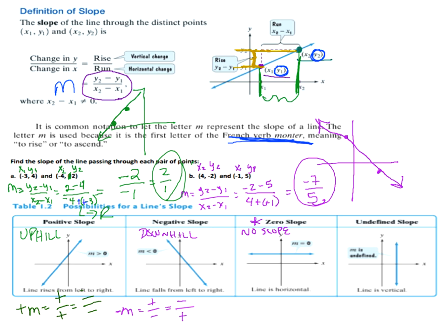With no slope or zero slope, you're going to end up with 0 divided by some number, negative or positive, and whenever you divide 0 by a number, you just get 0. That's why it's called zero slope.